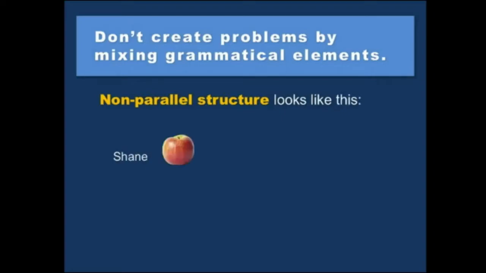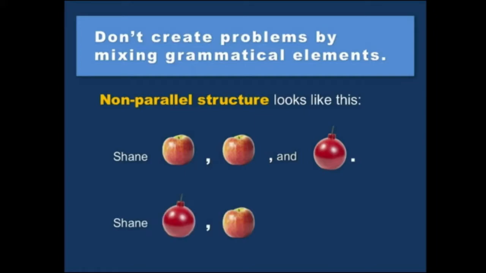You shouldn't create problems by mixing grammatical elements. So a non-parallel structure would look like this. As you can see, the apples and the bombs are not matching together. That would make it non-parallel.